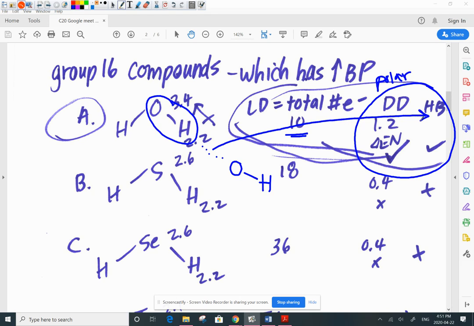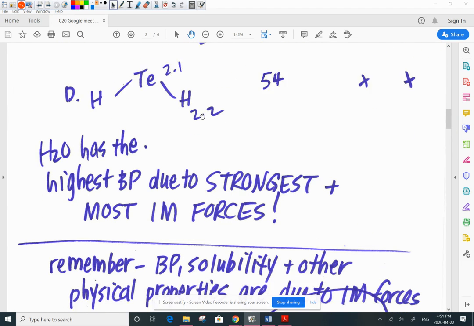This is the hydrogen bond that we're talking about, this intermolecular force between two water molecules. So because it's got these really strong forces, it's got more intermolecular forces, means its boiling point will be higher because now you have to overcome those forces. You have to put more temperature in to boil that compound. So A would have been the correct answer there.